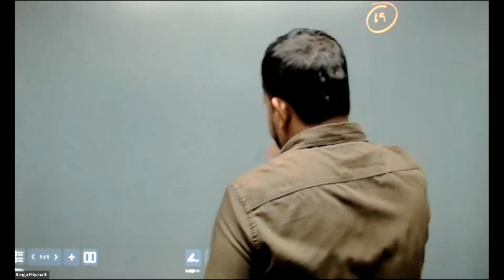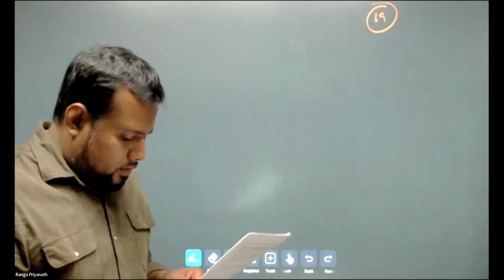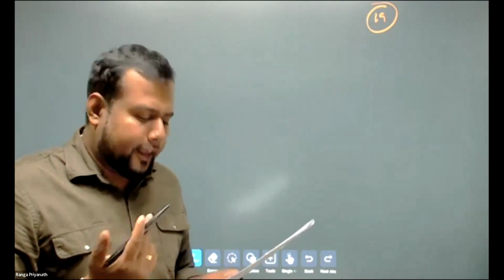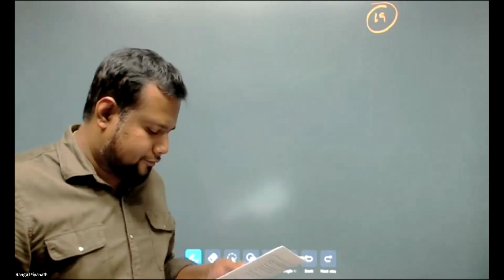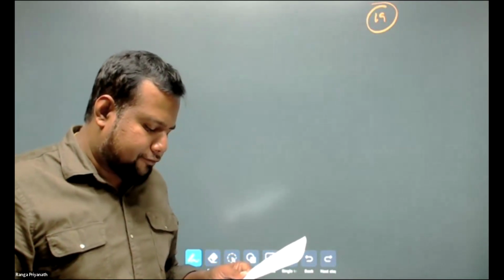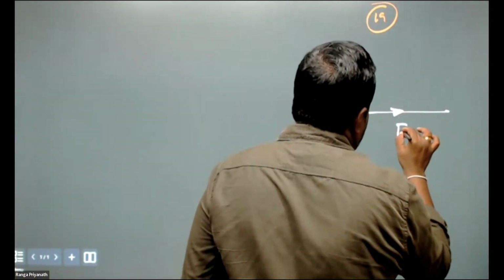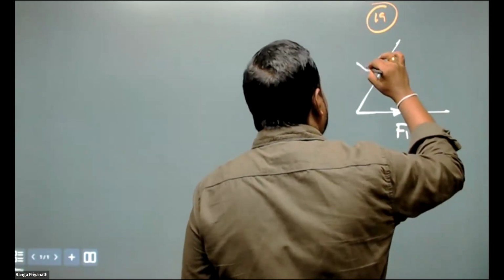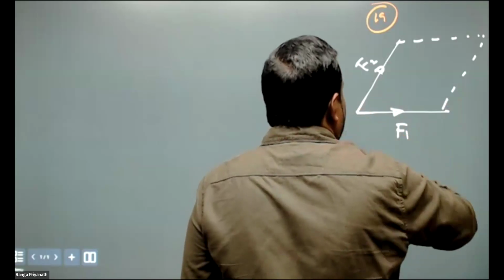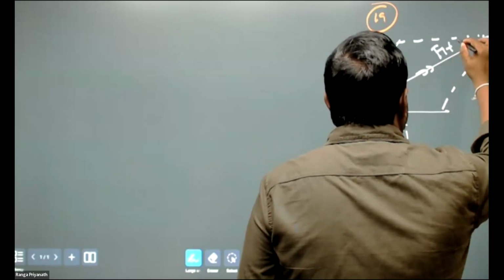Number 19. There are two forces F1, F2 of magnitude F. They are equal forces, inclined at angle theta to each other. You have F1 here, and F2 here. The resultant is F1 plus F2.